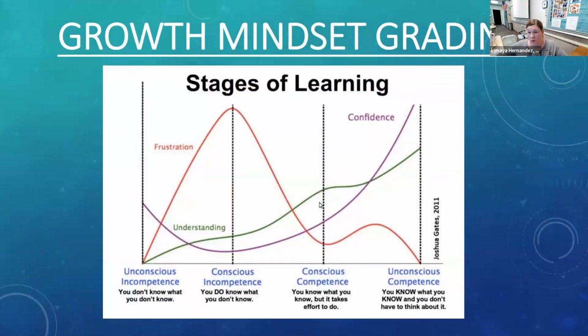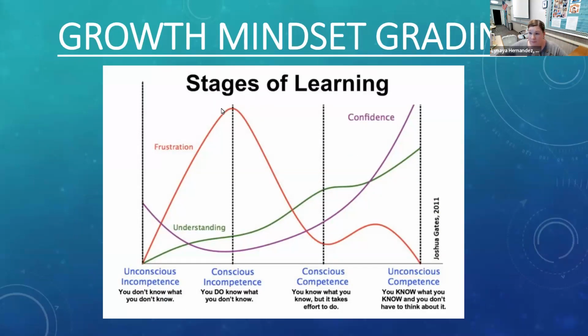We're going to talk about the grading policies of this class and the way that assignments are set up. But just know that the way that assignments are set up are to help this growth mindset outlook on learning and grading, right? So there will be times in this class when you're frustrated, but if you have the grit and perseverance to push past that frustration point, that's where you start getting high level of skills and a high level of confidence, right?